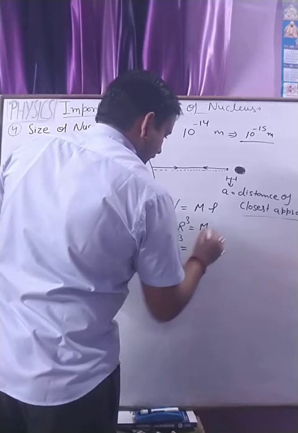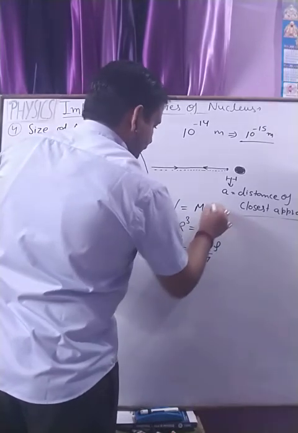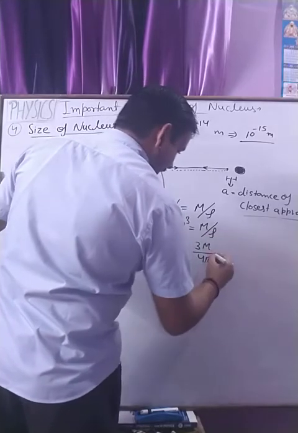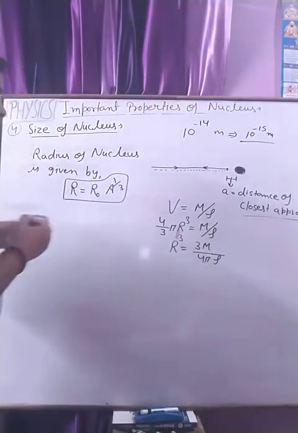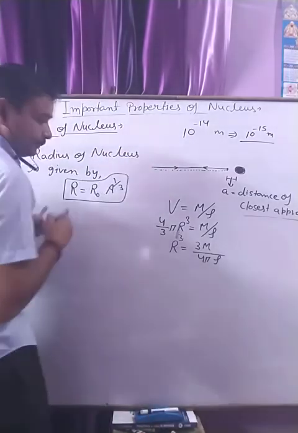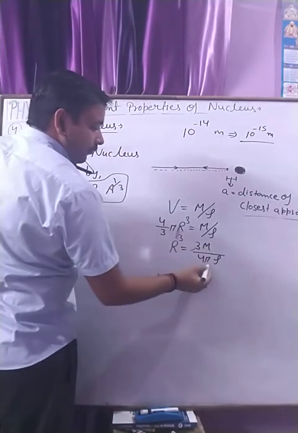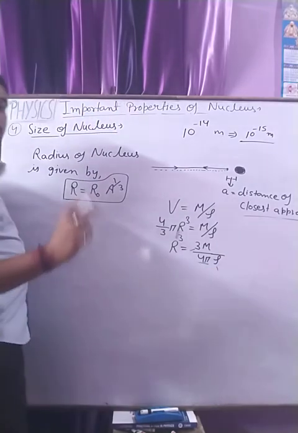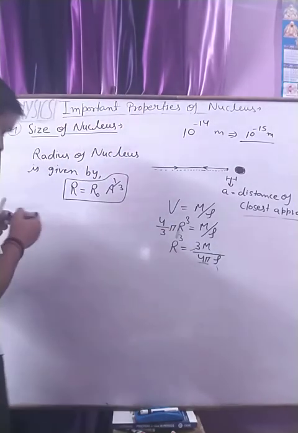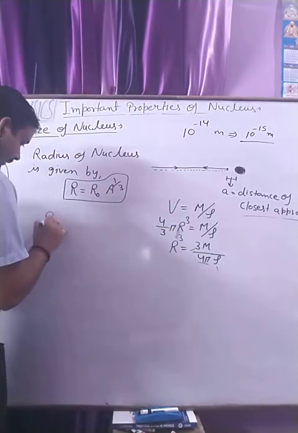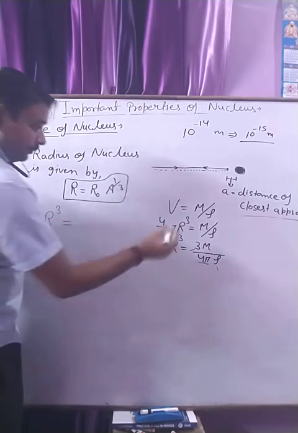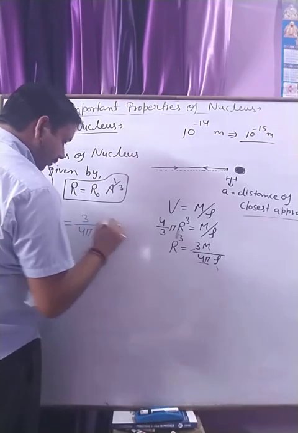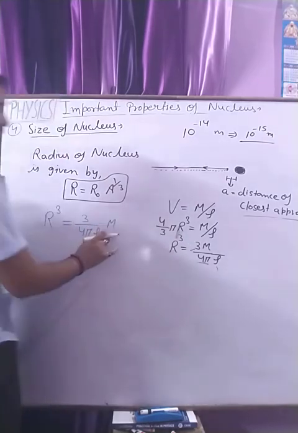Here student, the volume is given by mass upon density. So we have this density, which finally gets multiplied in. Now here student, we can observe that 3 is a numerical constant, 4 pi is also a numerical constant, and rho is the density of atom in that particle. So we can write this R cube is equal to 3 upon 4 pi rho into mass of nucleus M.